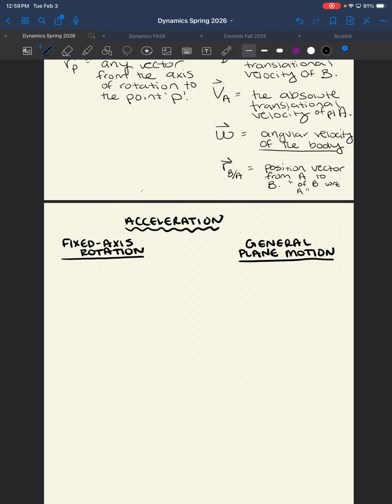So, from our last class, if a body is doing fixed axis rotation, and we want to know the absolute acceleration of some point on that rigid body, the acceleration of this point is alpha cross RP plus omega cross omega cross RP, where alpha here is the angular acceleration of the body.